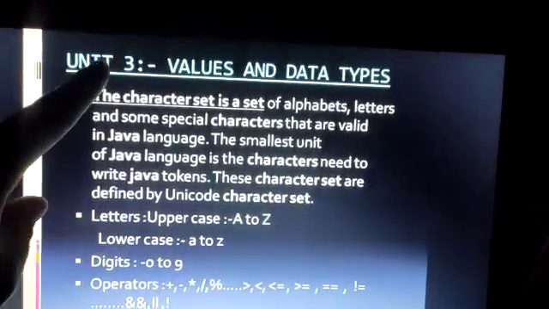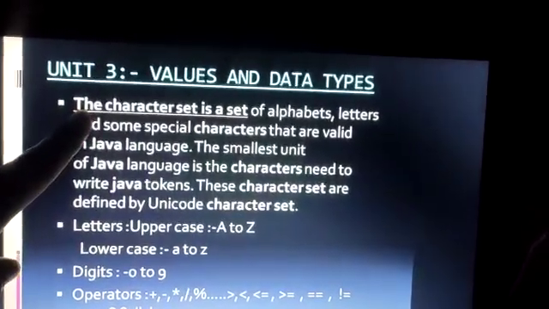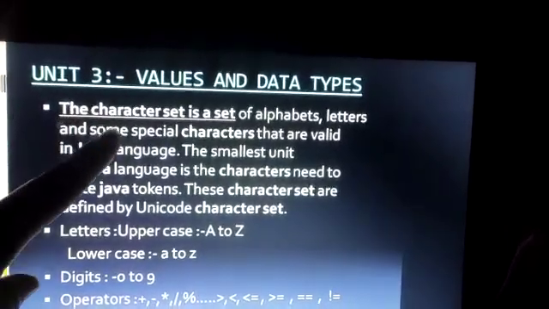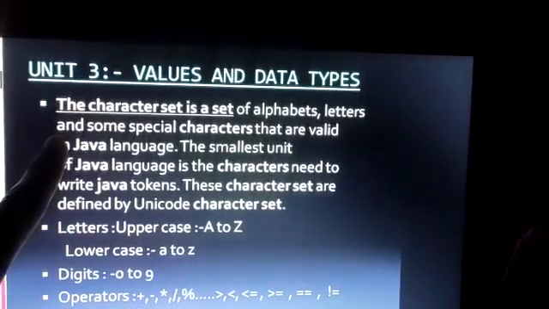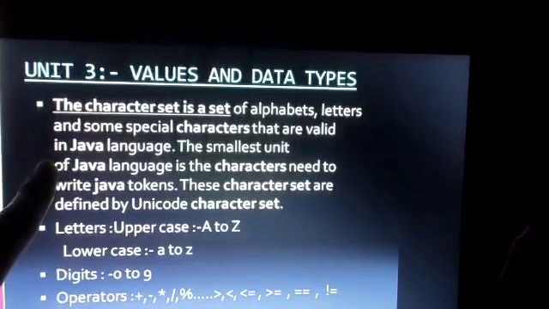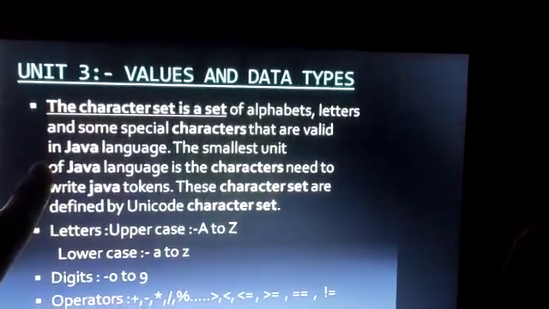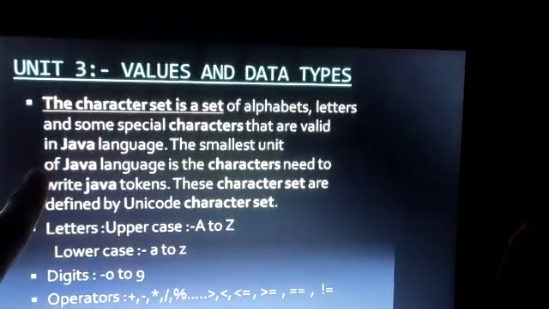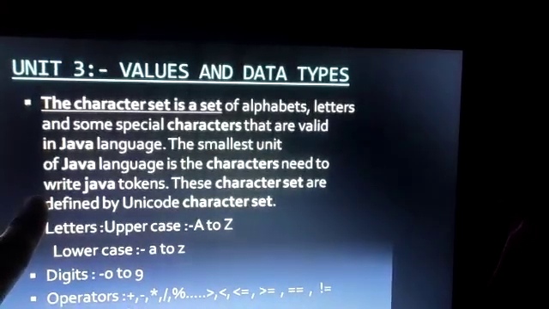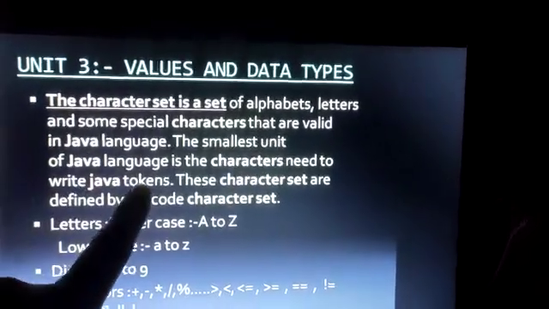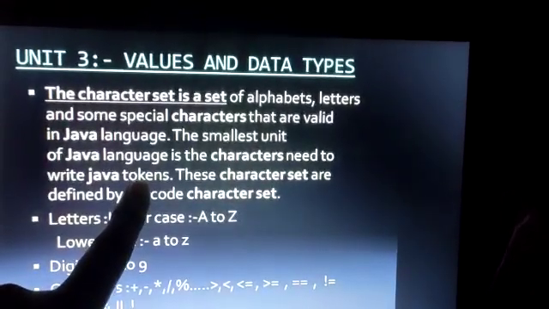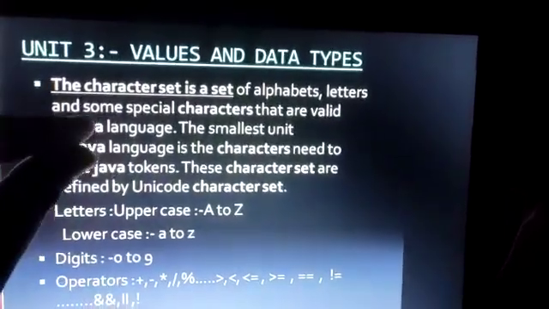So what is a character set? A character set is a set of alphabets, letters and some special characters that are valid in Java language. The smallest unit of Java language is the character needed to write a Java token. Java token means all the meaningful elements, small units.